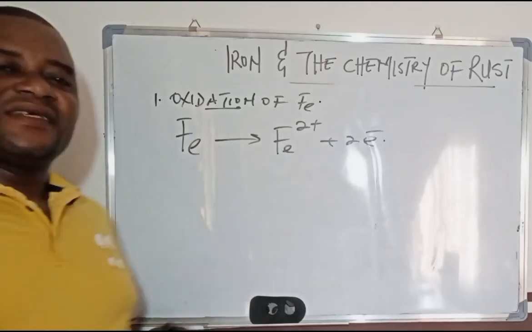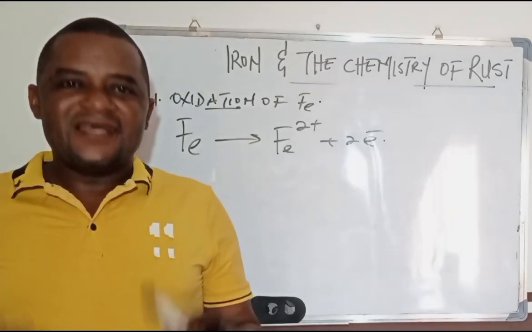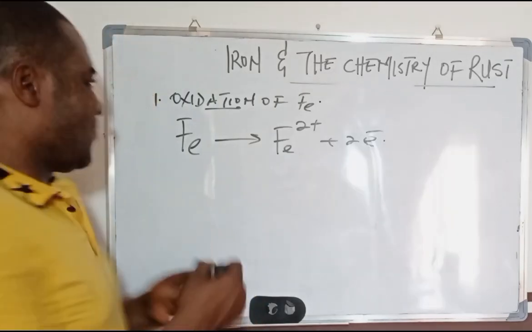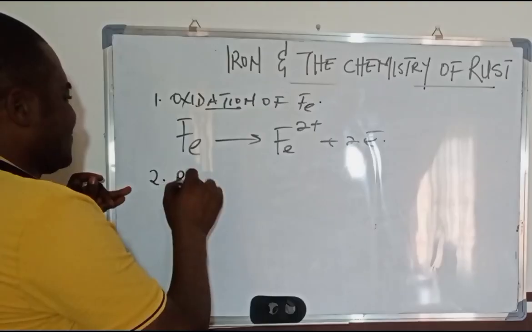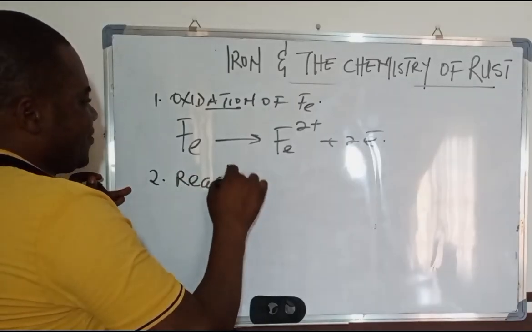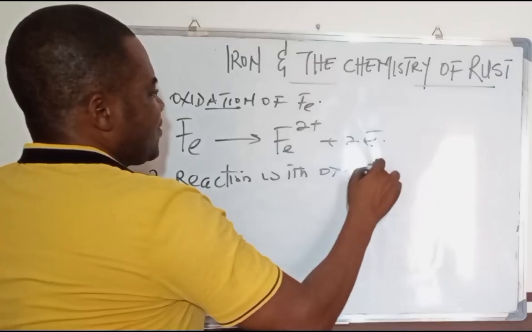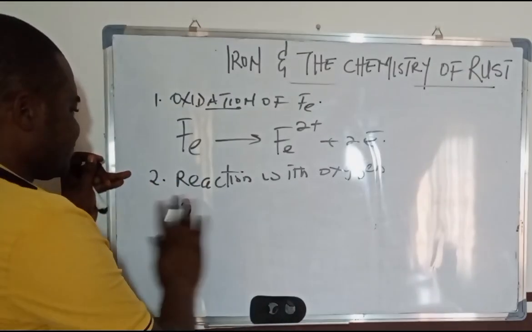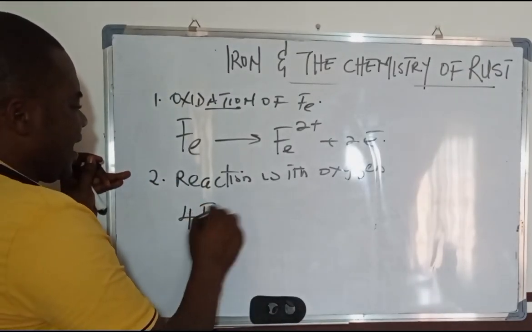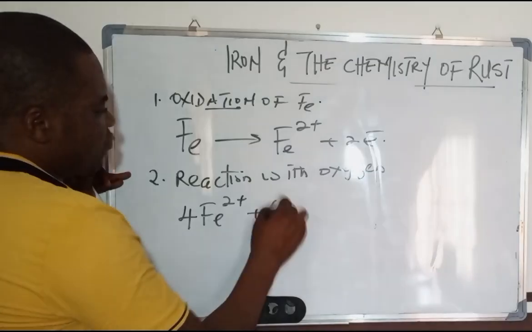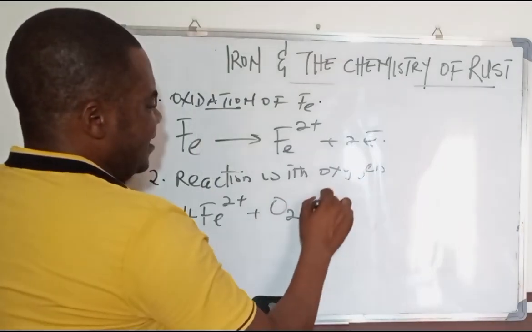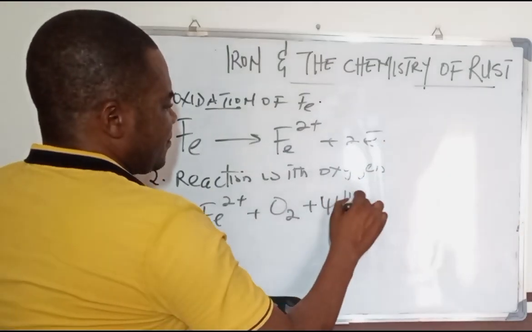Now, after that, it reacts with water and with oxygen. So we look at the reaction with oxygen. At this point, Fe2+ will react with oxygen as gas and also react with water.